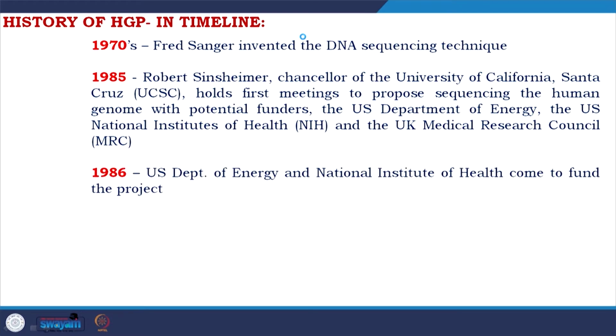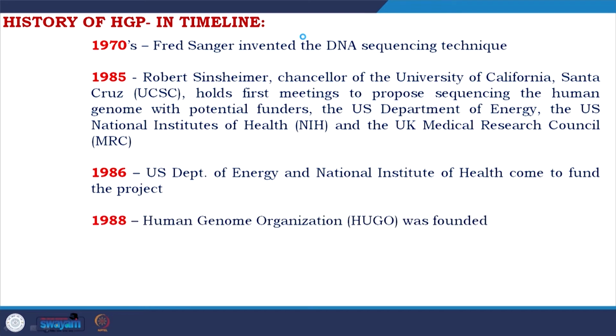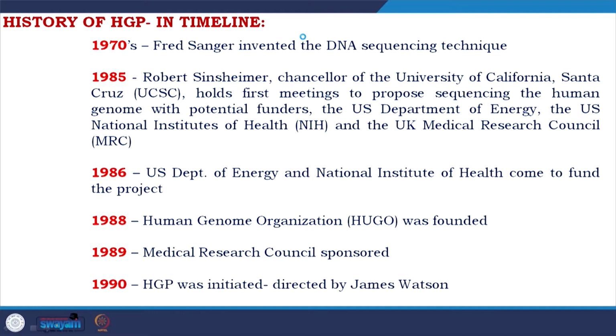In 1986, the US Department of Energy and National Institutes of Health came to fund the project. In 1988, the Human Genome Organization was founded. In 1989, the Medical Research Council sponsored. In 1990, HGP was initiated and directed by James Watson, the same person who had come up with the structure of DNA.